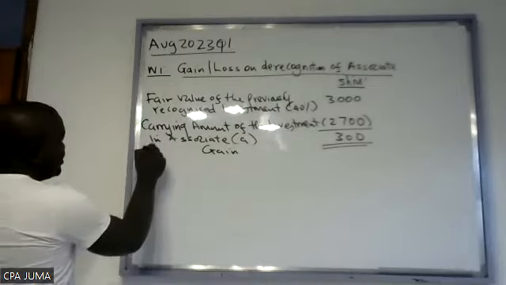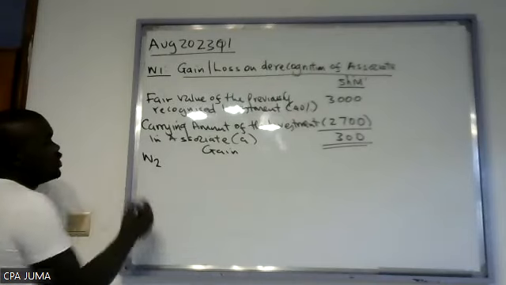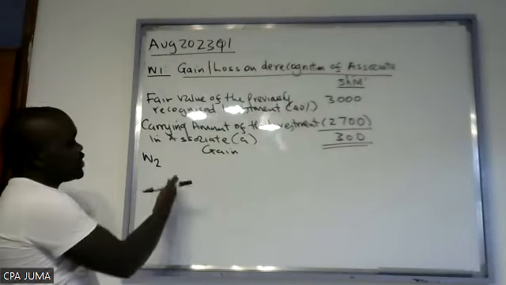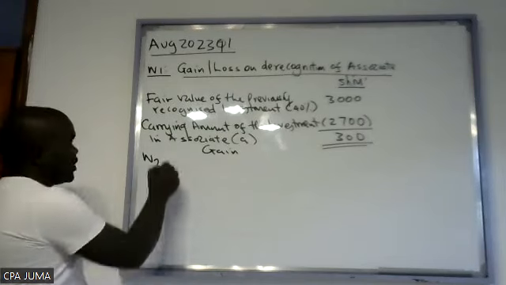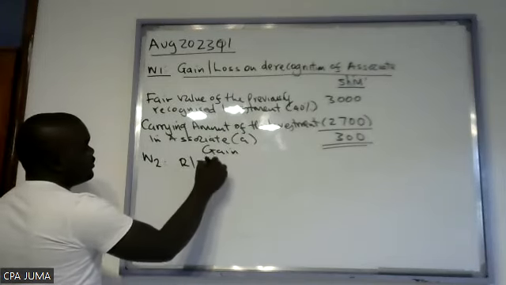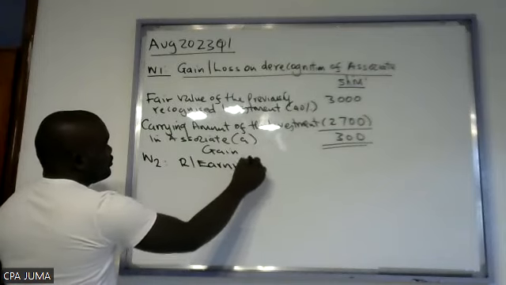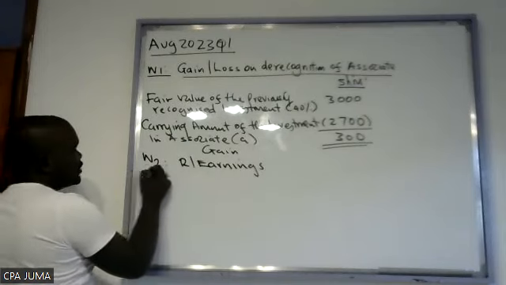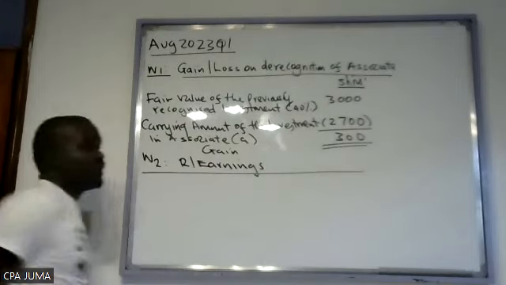So let's get here, working 2. We are only doing 3 workings. Retained earnings and NCI, then we are done. So working 2, retained earnings.